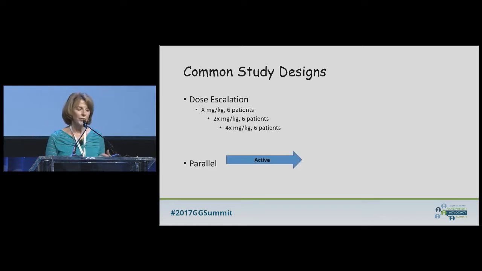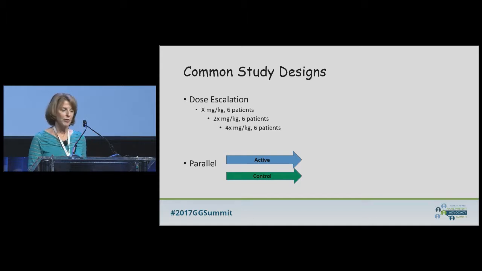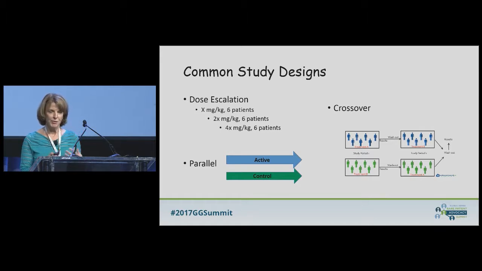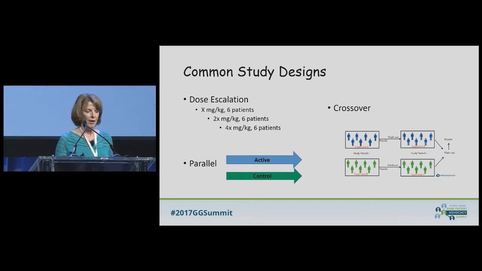Parallel studies are where you would be studying active versus control, and they're receiving the same treatment at the same times, basically. And then crossover studies are more complex in design, but can yield a lot more data with fewer patients. In a crossover, certain patients would receive the study treatment first, and then wash out, and then cross over to the control treatment.